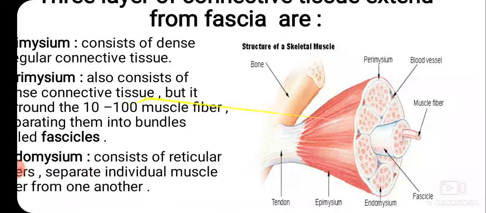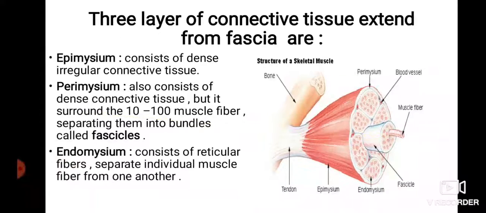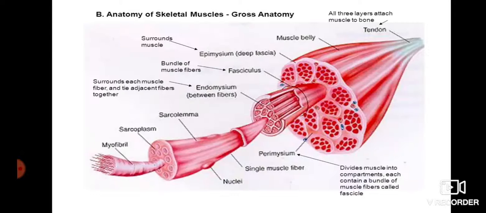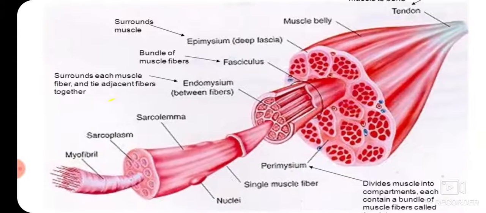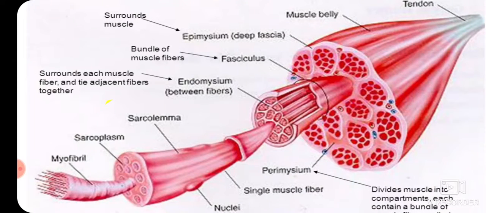Now we see a clearer diagram of skeletal muscle. Here is the gross anatomy of the skeletal muscle. Here you see the tendon. This is the muscle belly, a whole muscle, and in the diagram we see these three layers.